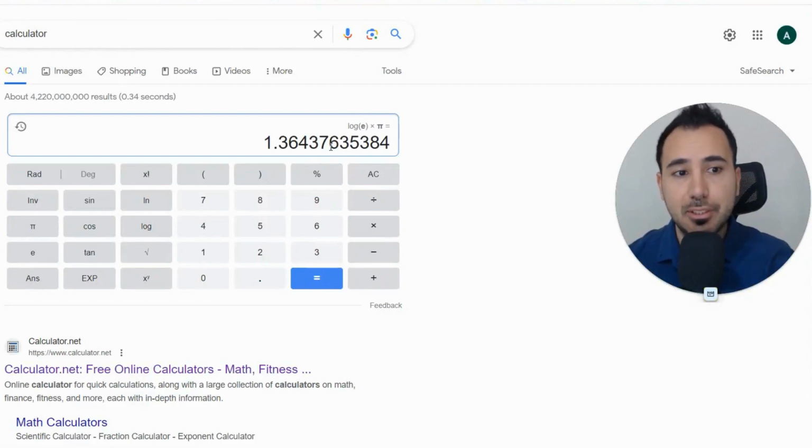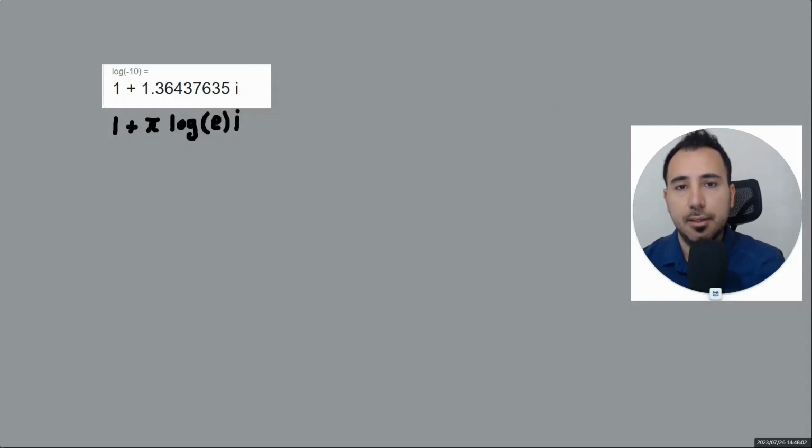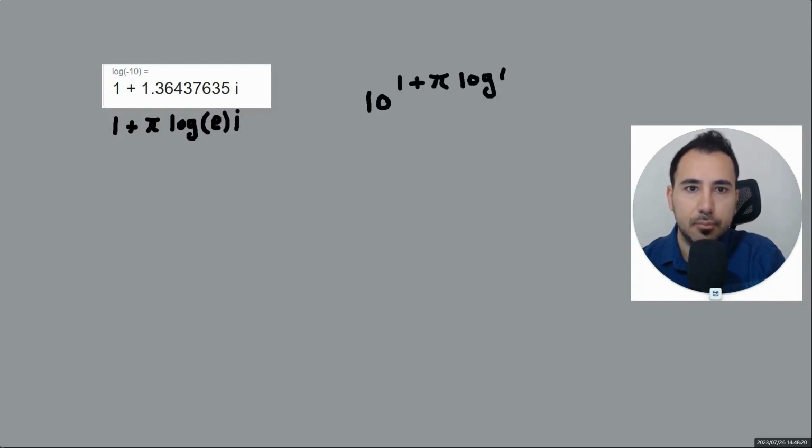But I have something even more interesting to say. If log negative 10 is this, and we know the base of log is 10, so if I write 10 to the power of this weird number, 1 plus pi log e times i, and I give this to a calculator, does that mean I'm really going to get negative 10?